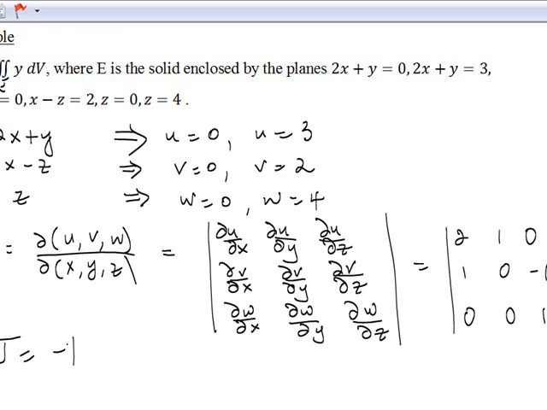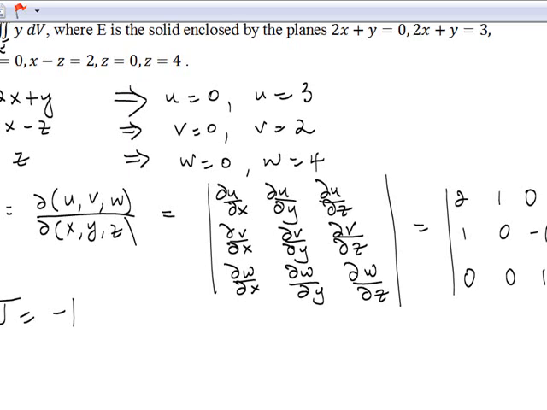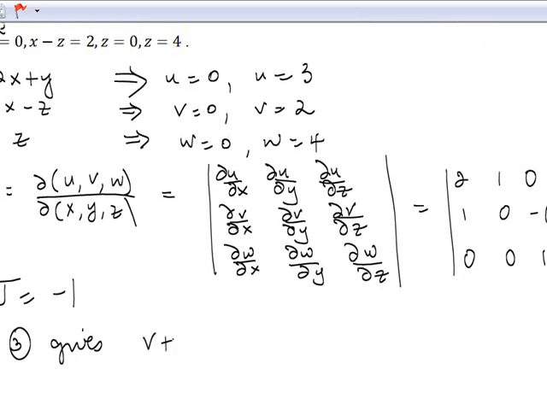Now we need to transform the integrand, which is y. Okay? So we need to solve for y. Let me number these 3 equations: 1, 2, 3. The only place we have y is in the first equation. So if we have what x is, we can solve for y. So take 2 and 3 and add them. So 2 plus 3 gives v plus w equals x.